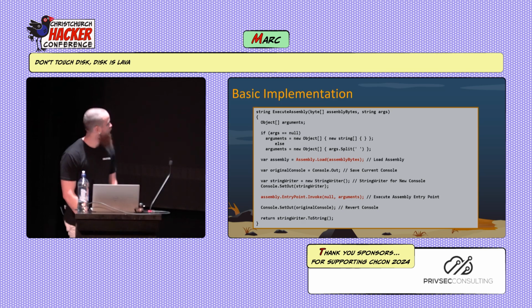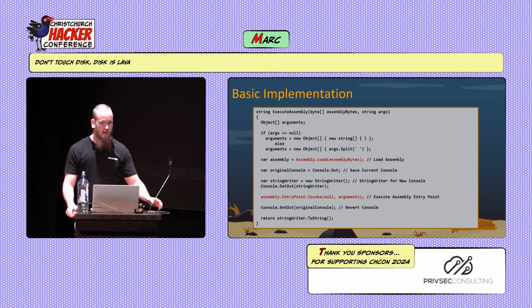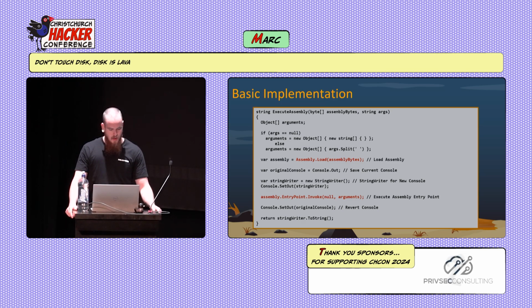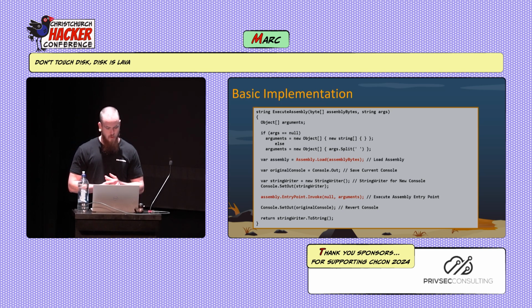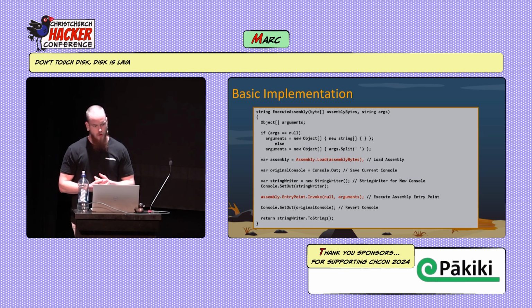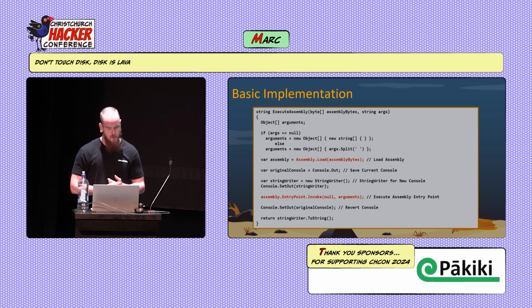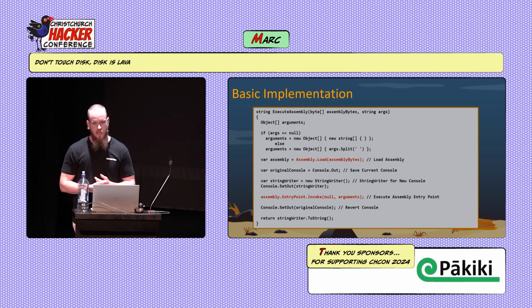If we were to implement this ourselves, we might have a function in our web shell that looks something like this. We're passing through some assembly bytes, which might have come from a file import, and then whatever arguments we want to pass to our C# application. The first thing we do is load our assembly into memory, but before we execute it, we save a reference to the current console output, because we need to revert it later, and then we create a string writer, which we set the console output to, because that's going to capture the output from our C# assembly.